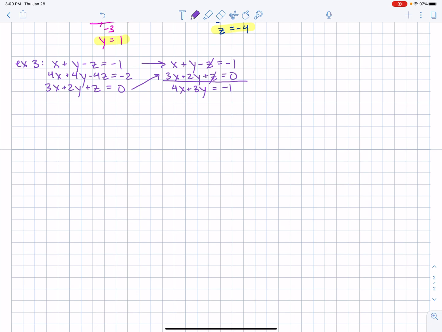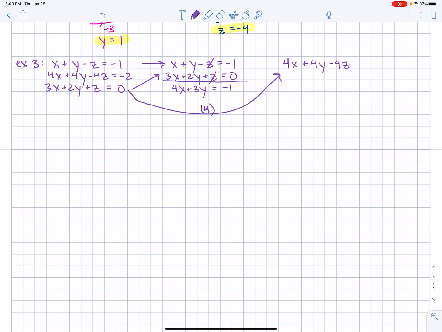I'm going to use the second and third equation to eliminate z again. So 4x plus 4y minus 4z, and then I'm going to take this guy over here and multiply it by a positive 4 to get your z coefficients to match up.